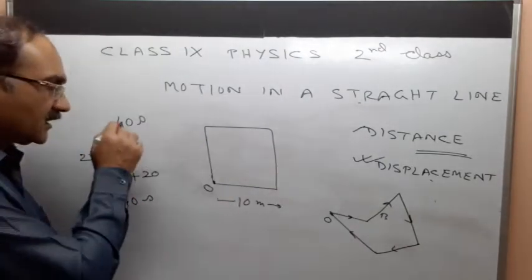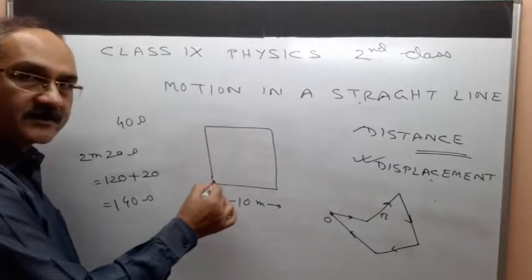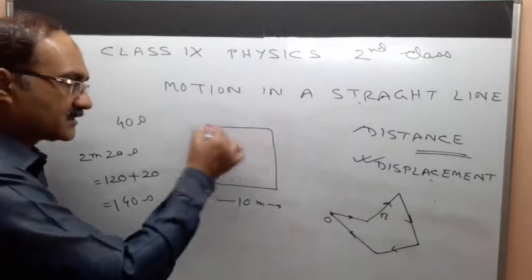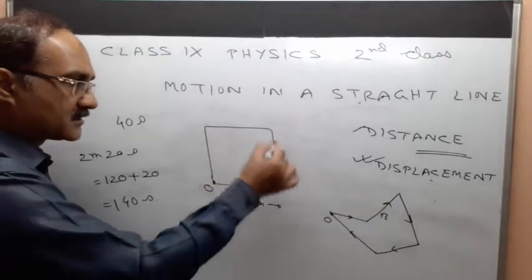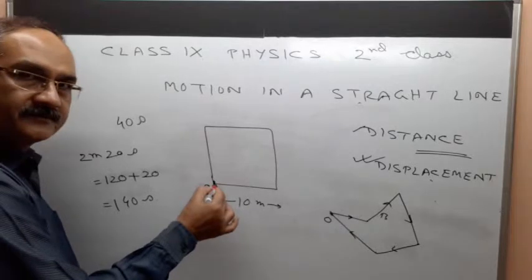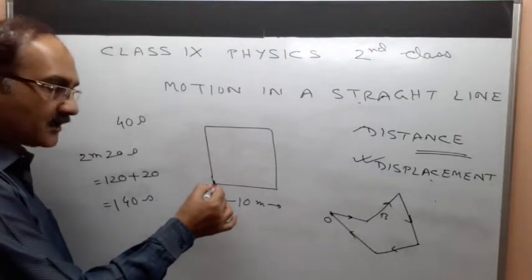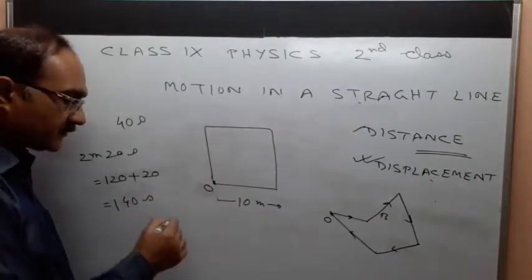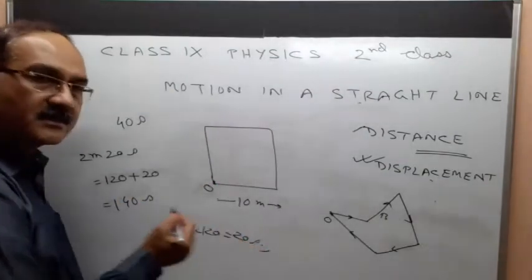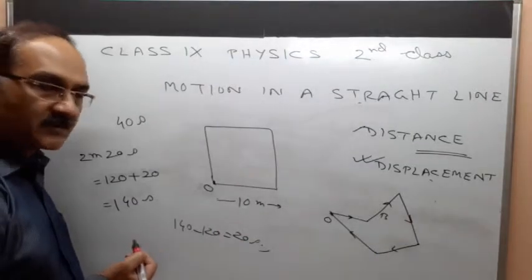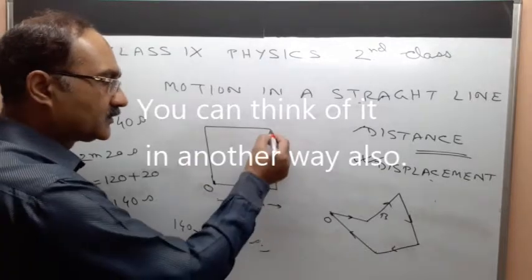So see, in 40 seconds, one round. In next 40 seconds, that means in 80 seconds, he will be again here. In 120 seconds, he will again be here. So after 120 seconds, how many seconds are left? 140 minus 120. So 20 seconds are left. So in 20 seconds, you will move from here to this point.